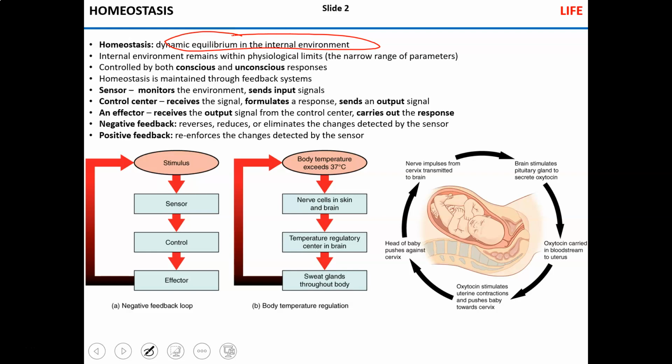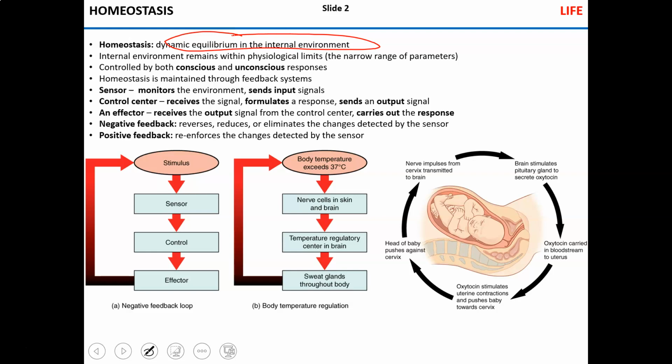For instance, if you're hot, you can turn on the cooling fan and that will be a conscious response. And also if you're hot, you will start sweating. And we're going to talk about the feedback systems, the unconscious responses in the human that regulate our internal environment and maintain homeostasis, that dynamic equilibrium.